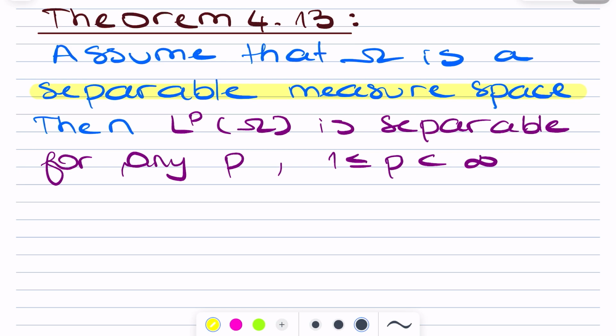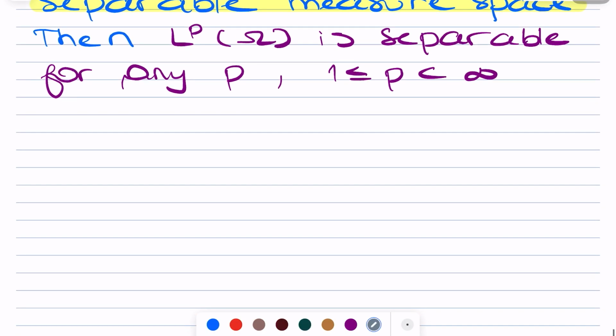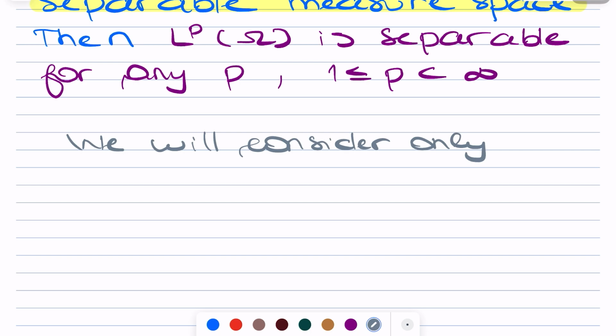So we will consider only the case Omega being equal to R^n.